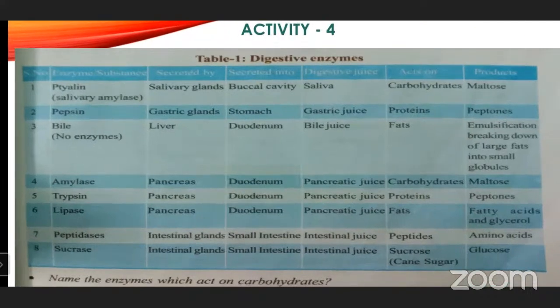Yes, the table lists, serial number 1, the enzyme, the substance that secretes it, the digestive juice it is secreted into, and what it acts on and the products.